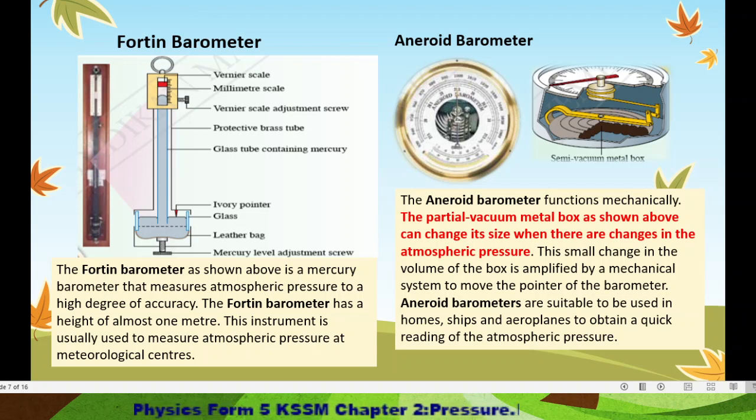Aneroid barometers are suitable to be used in homes, ships, and aeroplanes to obtain a quick reading of the atmospheric pressure. Another use is to measure altitudes. For example, in aeroplanes, to determine the height of the aeroplane, we can use this aneroid barometer to determine the altitude.